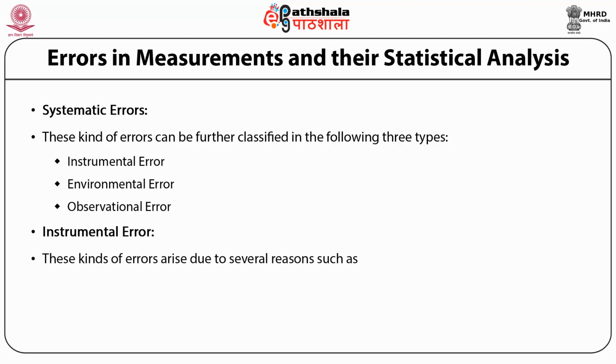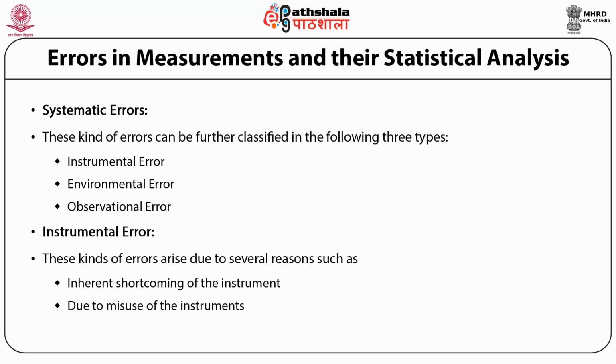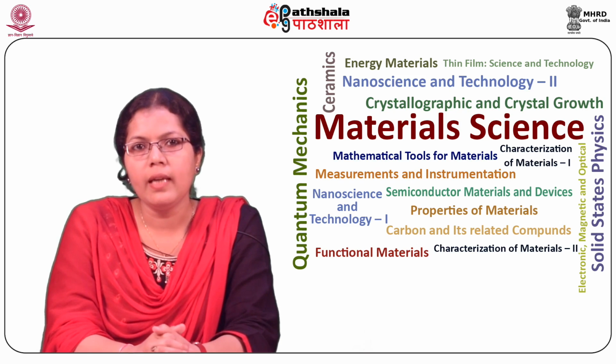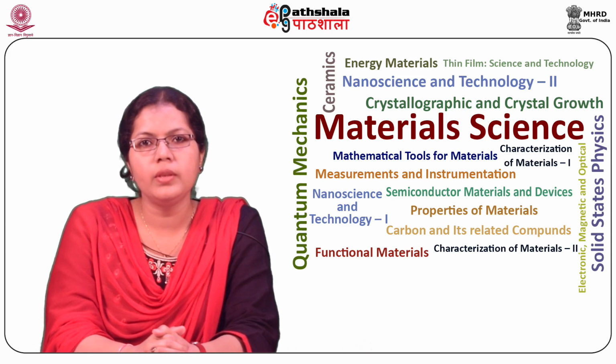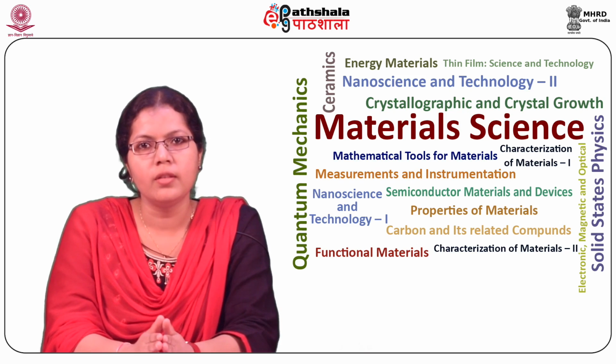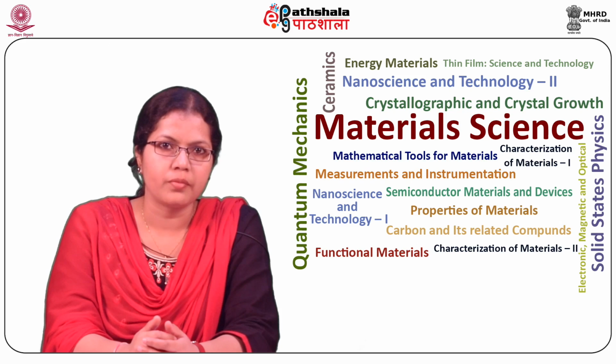These kinds of errors arise due to several reasons, such as inherent shortcoming of the instrument, or due to misuse of the instruments, or maybe due to the loading effects. Students, the inherent errors refer to the inherent shortcomings of the instruments and are related to their mechanical structure.